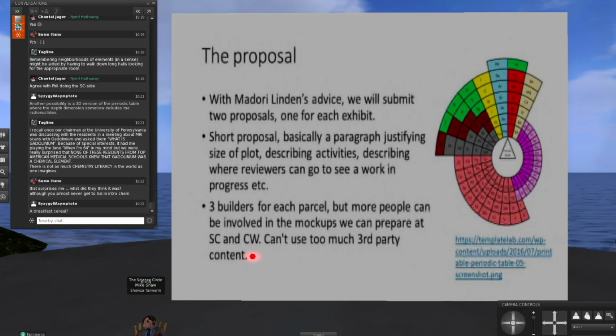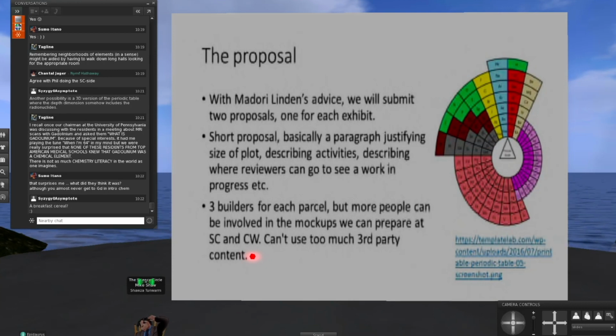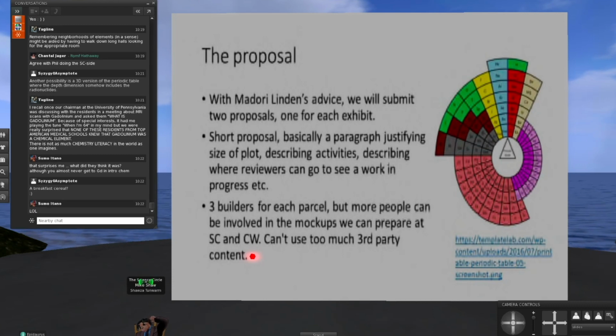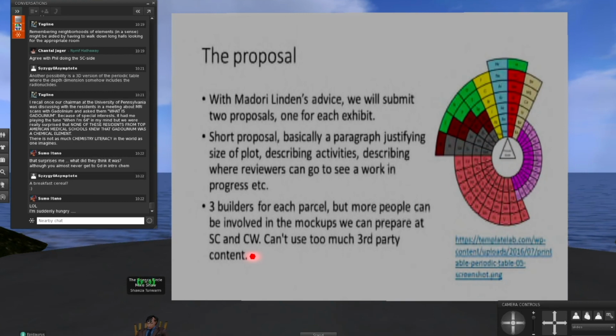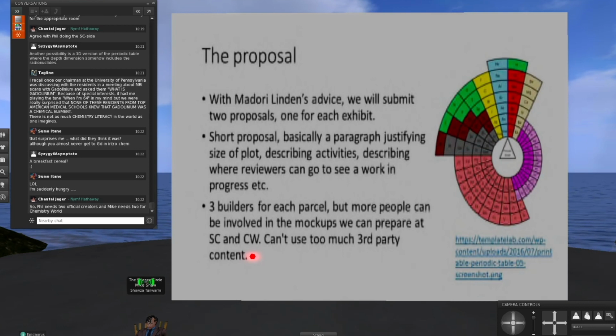EGAD, right? So basically, what I'd be looking for is three builders. I think Phil on the Science Circle side, me on the Chemistry World side, and perhaps I'll let Phil figure out who would be a good choice for builders on the Science Circle side.